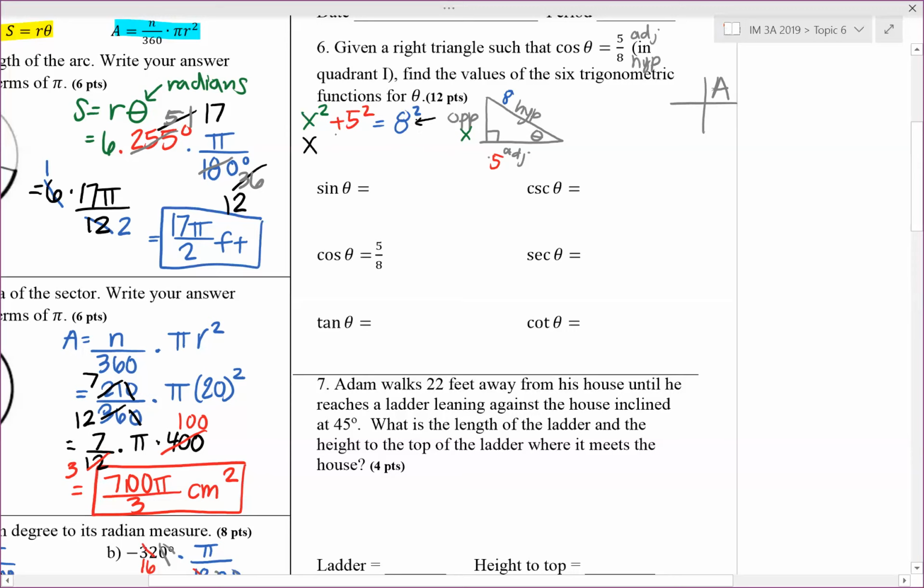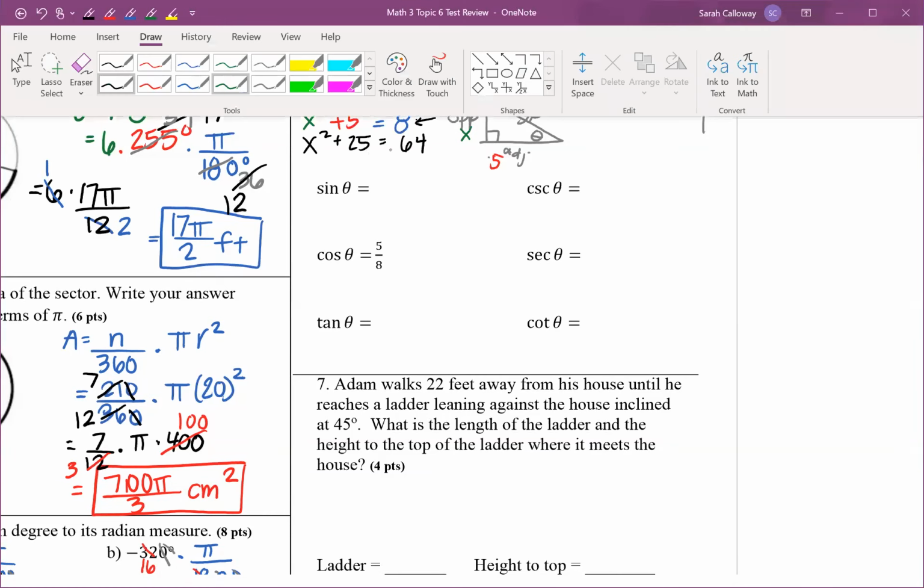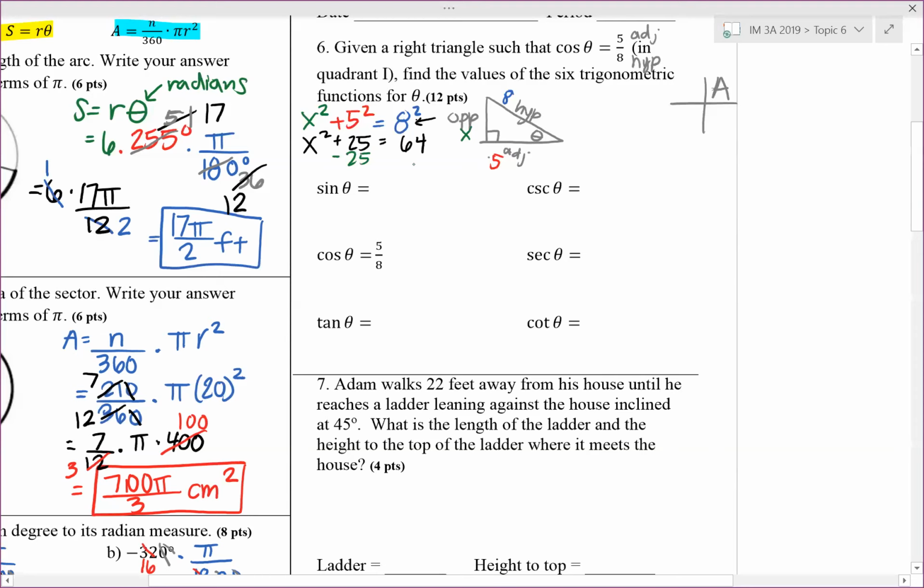So be careful in that this one is always the hypotenuse. So I have x squared plus 25 is 64. And so we do have to subtract 64 minus 25 to figure out what x is. So that means that x squared is 39. So this gives us that x squared equals 39.